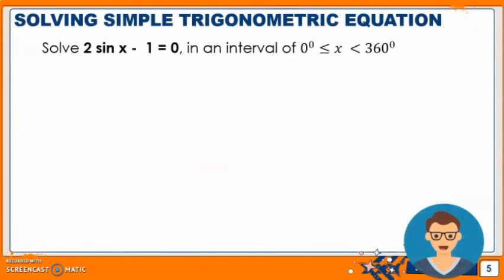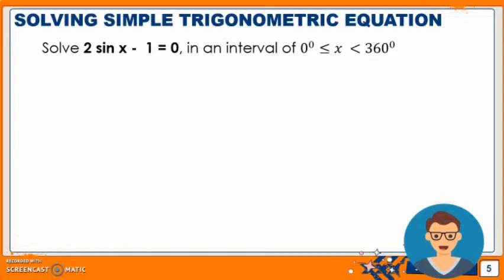Let us start by solving a simple trigonometric equation. Let's try to solve 2 sine x minus 1 is equal to 0 in an interval of x is greater than or equal to 0 degrees but lesser than 360 degrees.